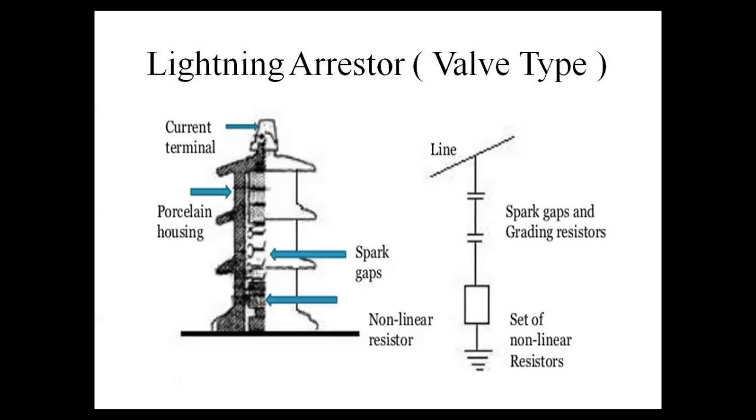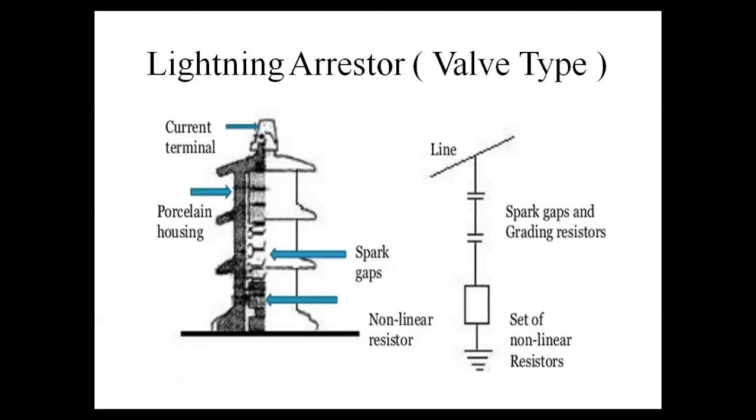Now, what is a non-linear resistor? The non-linear resistors are made up of a material such as thyrite, and they are also connected in series. These resistors have the property of offering very high resistance to the normal voltage current.